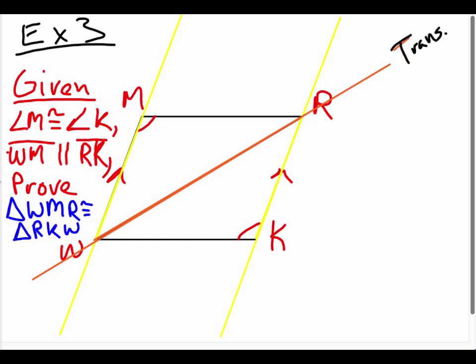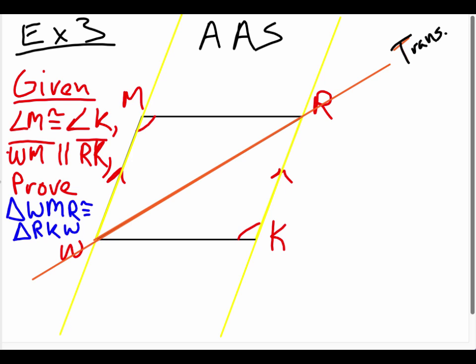Okay? So since that's a transversal, and we have parallel lines, first of all, we need to prove the triangles. We need to prove the triangles with angle, angle, side.